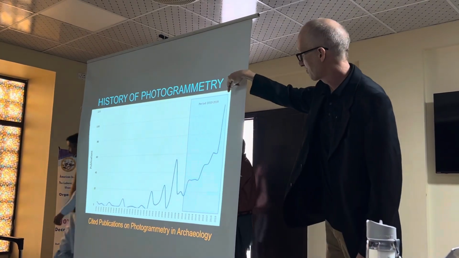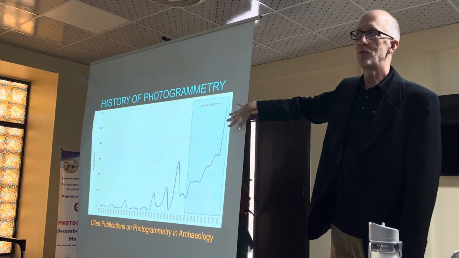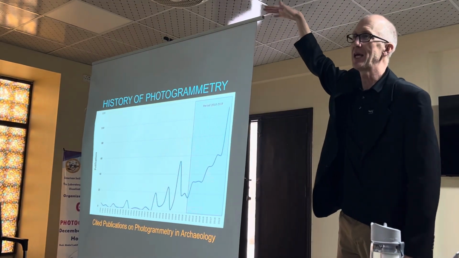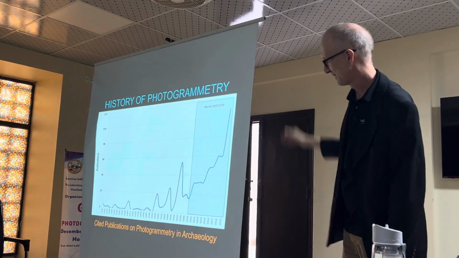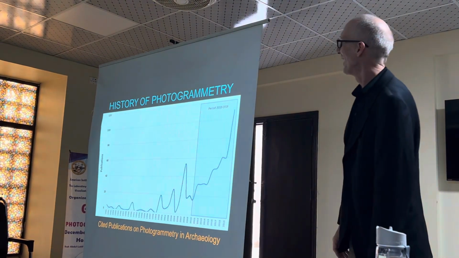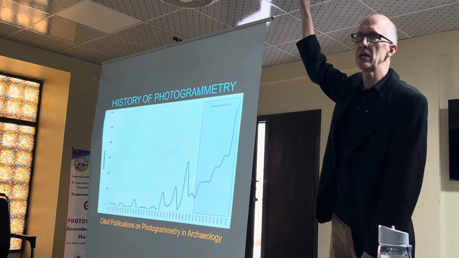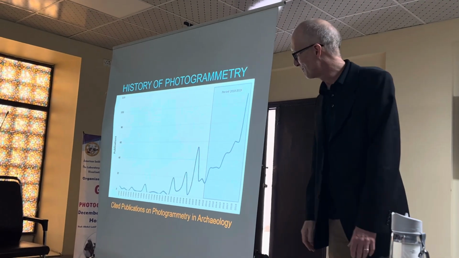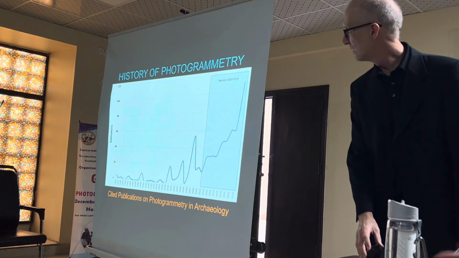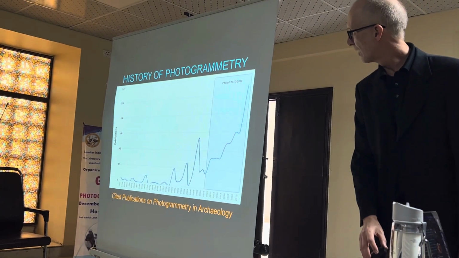So I'm guessing there was probably a little drop off, but I'm guessing it's probably up to here by now in 2023. Yeah, or maybe even higher through the ceiling of this. So it's just been, as you can see, a trend of more and more uses of photogrammetry.